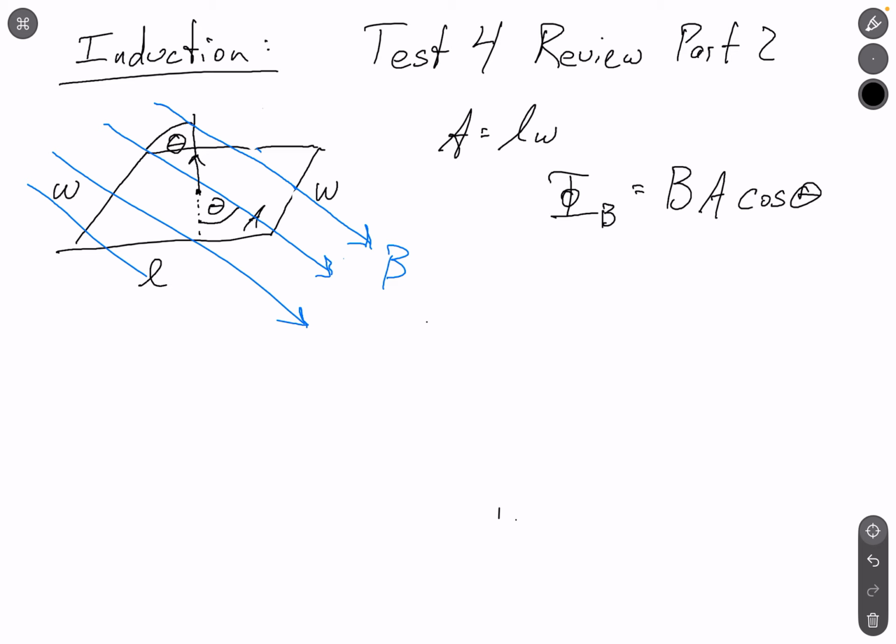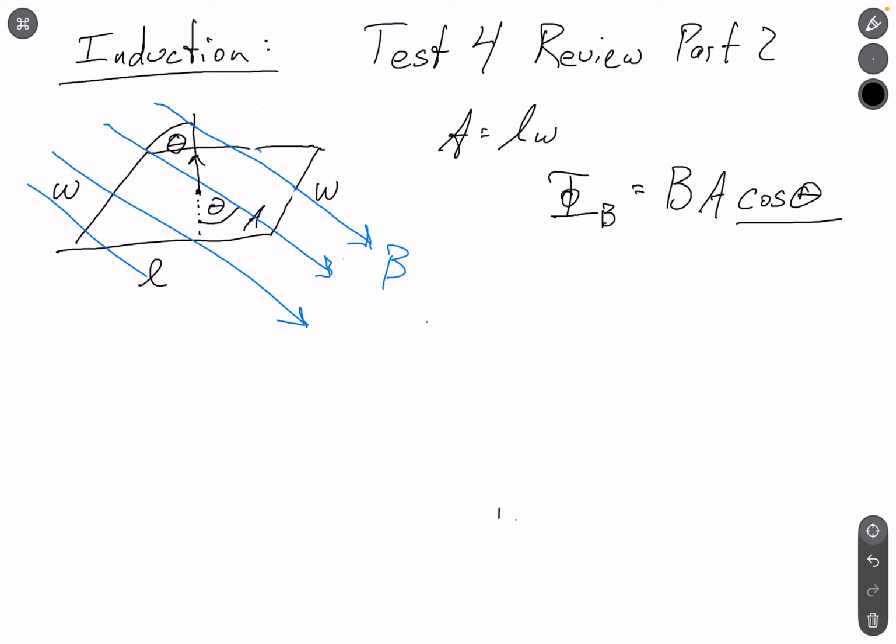If the angle was 0 degrees, meaning that the normal to the area and the B field were exactly in line with each other, parallel to each other, then the flux is all of the B field times all of the area times our cosine. But in our situation, the B field is going askew to the area, and so then we have to add in this cosine of theta.